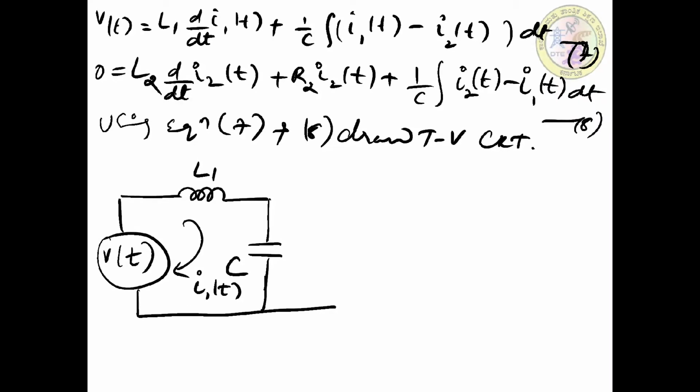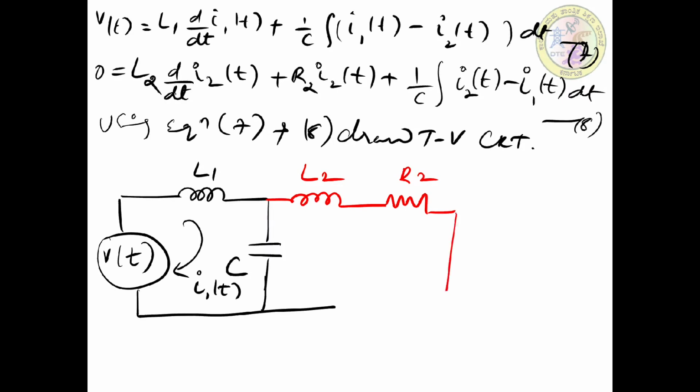Next coming to equation 8, what we have is the second loop. So it has L2 as well as there is a R2 resistor, and then capacitor is already there between the two loops.